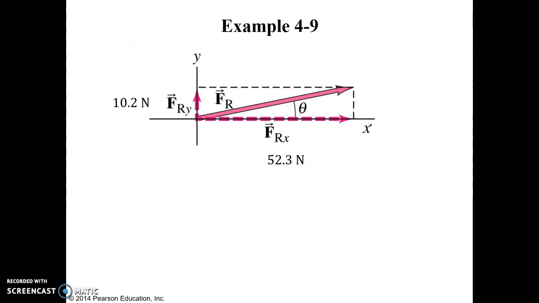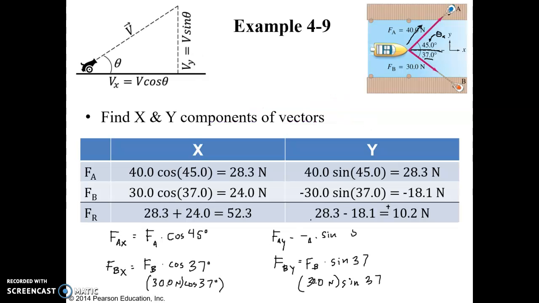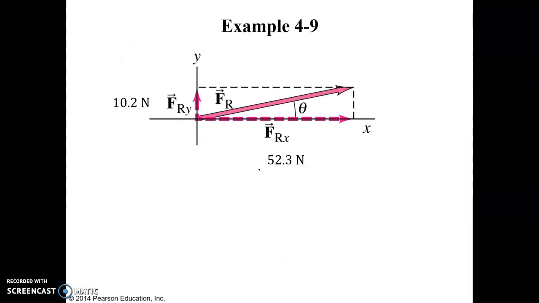So this diagram illustrates the x and y components of the resultant. If I flip back here, we found that the resultant has an x component of 52.3 and a y component of 10.2. Those are the two components of the resultant vector.